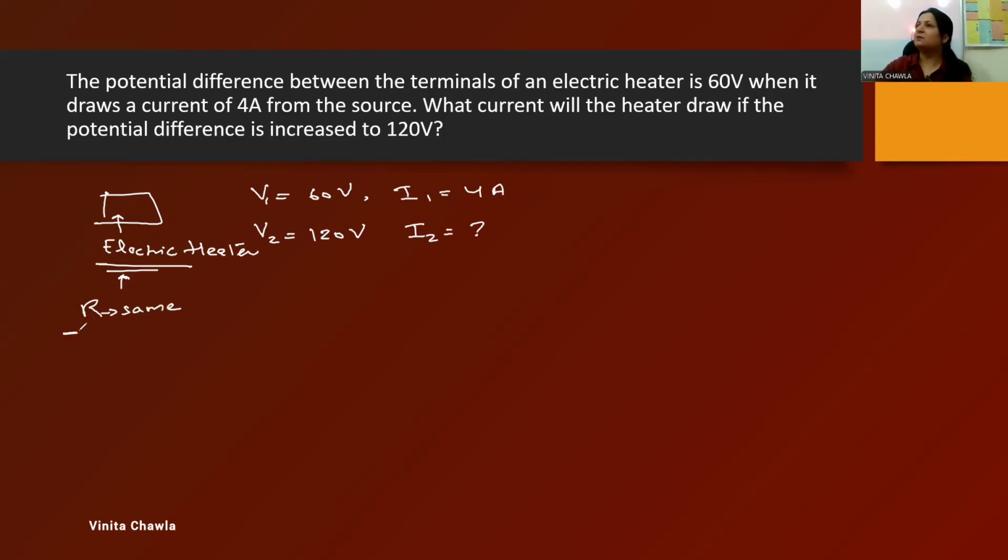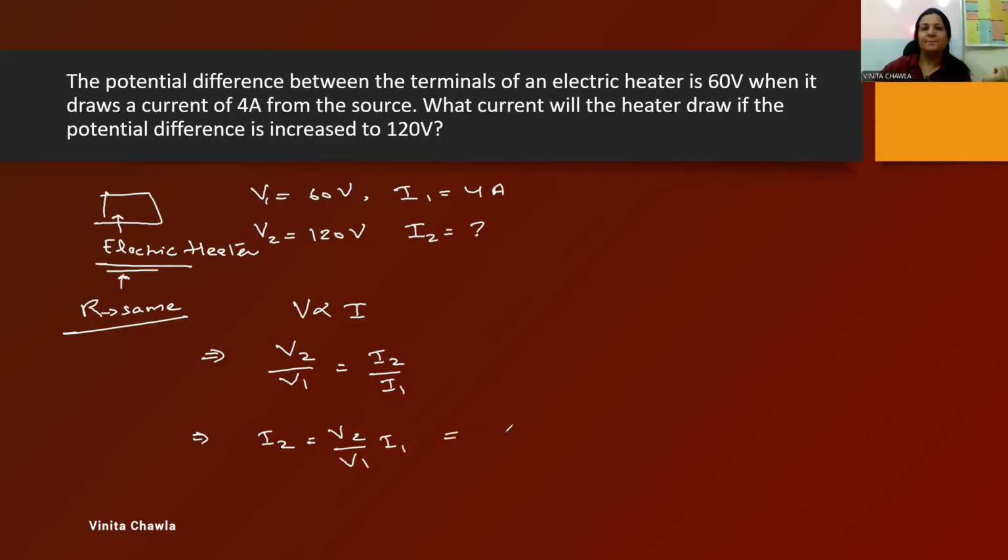V is proportional to I, so we can simply write, V2 by V1 is equal to I2 by I1, because we are keeping the resistance same. I2 is equal to V2 by V1 into I1.